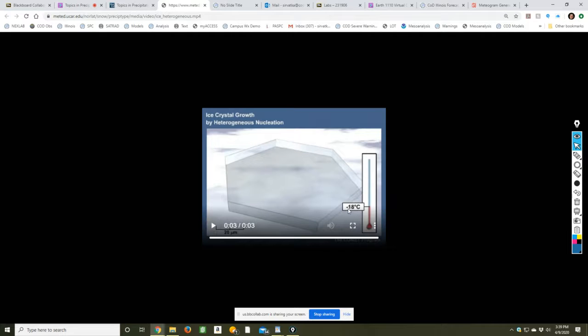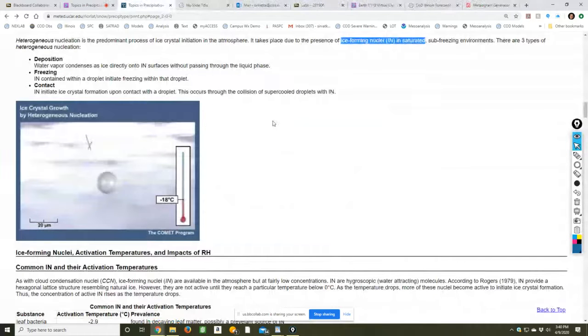Notice the temperature does not have to be really, really cold, not -40 like it was before. So when the water turns into an ice crystal, when it comes in contact with this ice nucleus, that's what we call heterogeneous nucleation. And that's activating at some -10, -12. We'll show you a little bit more detail coming up in a second.